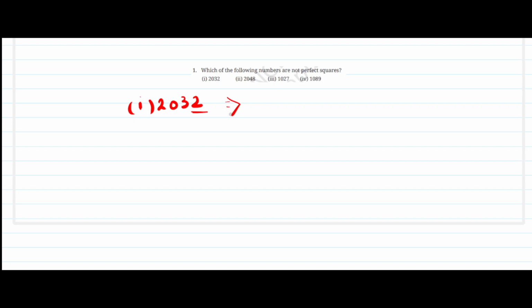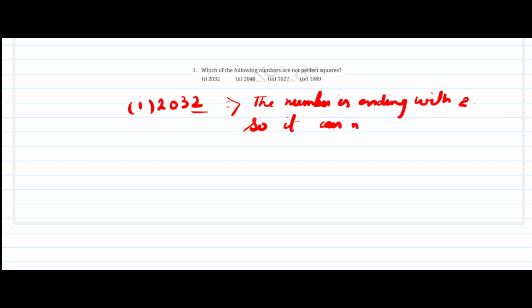The number is ending with 2, so it cannot be a perfect square. Right? This way you need to present your answer.